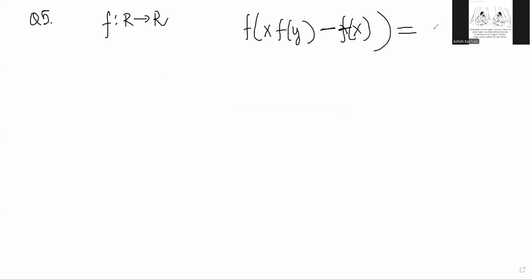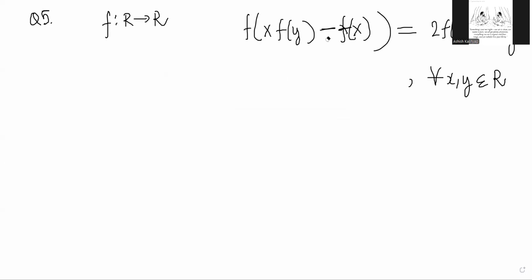This problem says let f go from R to R and f satisfies this condition, f of f of y minus f of x is equal to 2f of x plus xy. This is true for all x, y belonging to real, right?